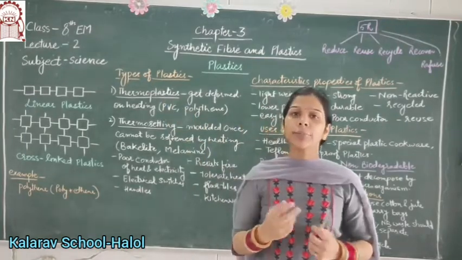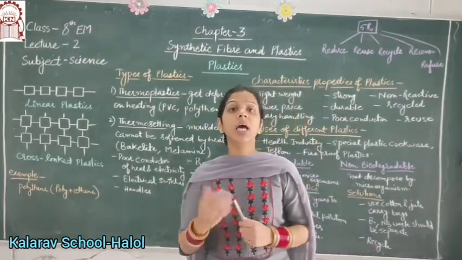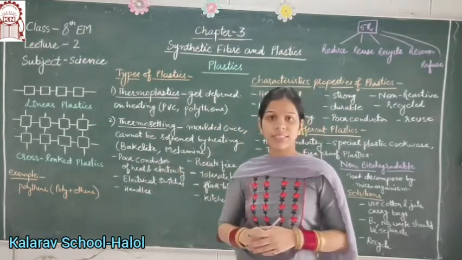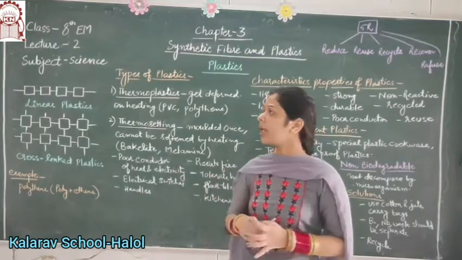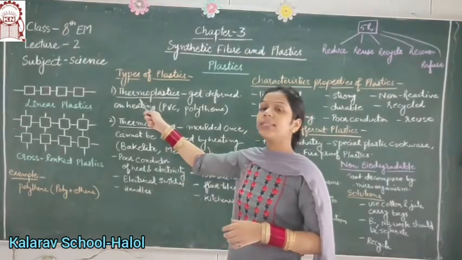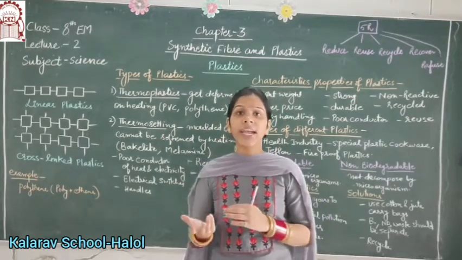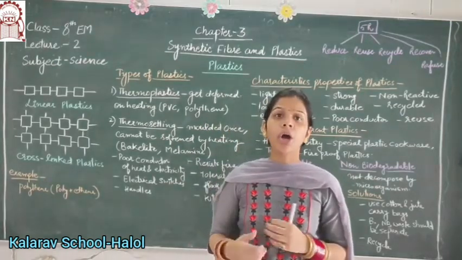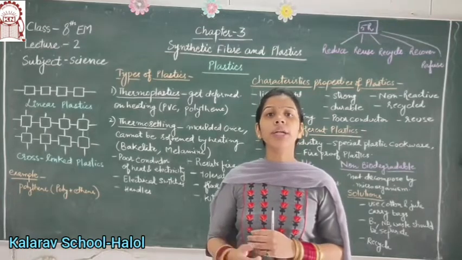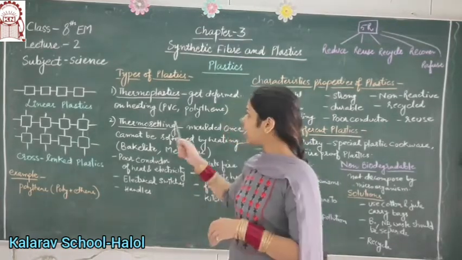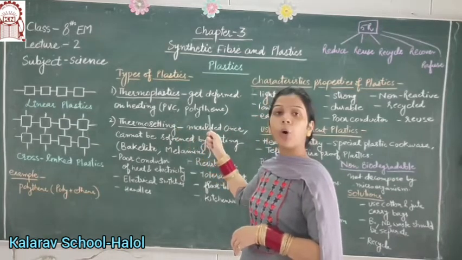We have two types of plastics, thermoplastic and thermosetting plastics. As the name indicates, thermo means heat. The plastics which get deformed on heating and can be molded into any shape are called thermoplastics, that is PVC and polythene.